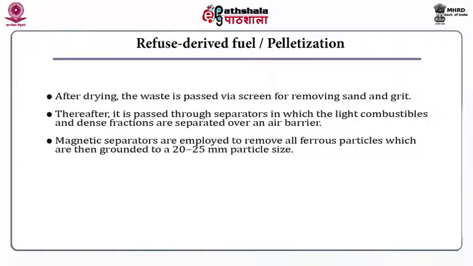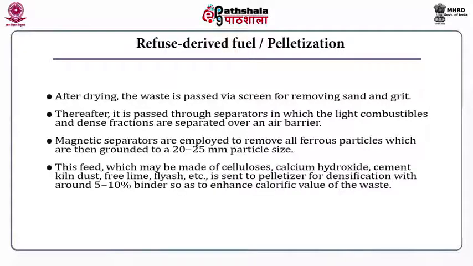Magnetic separators are employed to remove all ferrous particles, which are then ground to 20 to 25 mm particle size. This feed, which may be made of celluloses, calcium hydroxide, cement kiln dust, free lime, fly ash, etc., is sent to pelletizer for densification with around 5 to 10% binder so as to enhance calorific value of the waste.